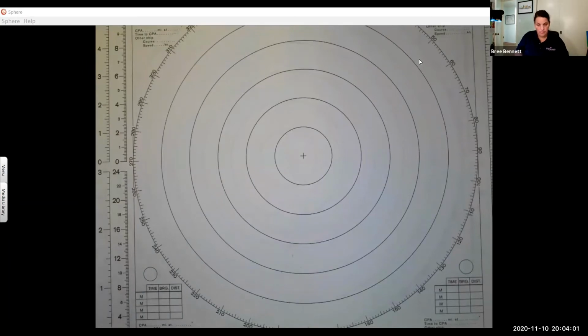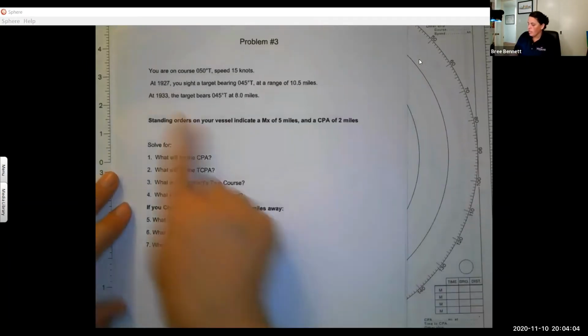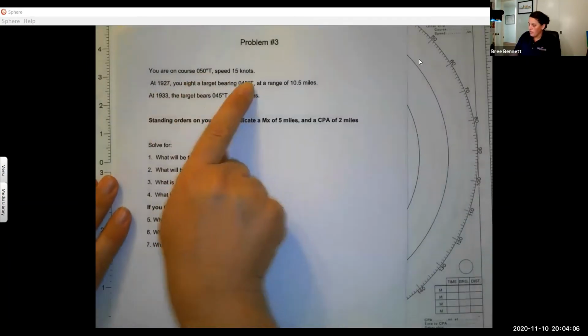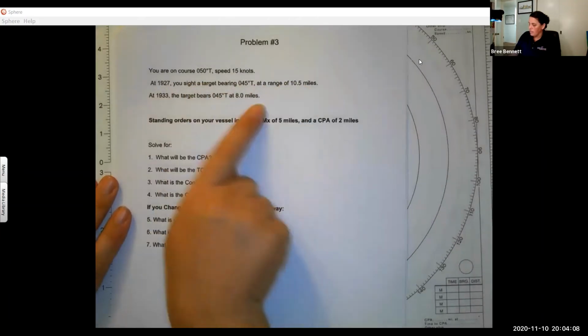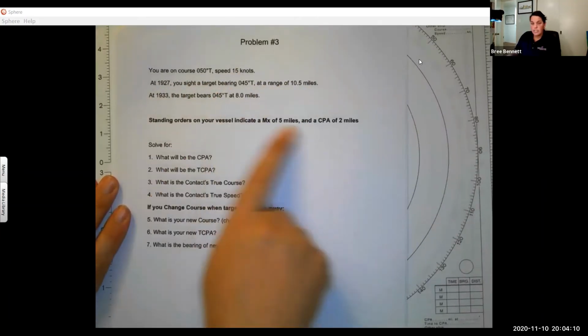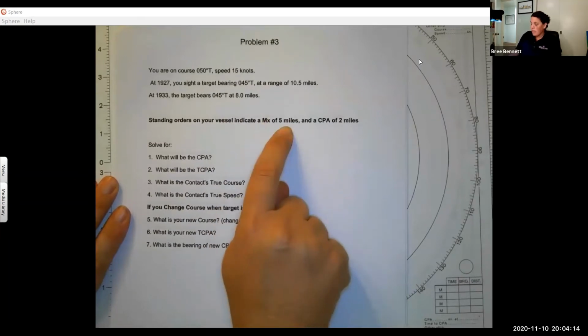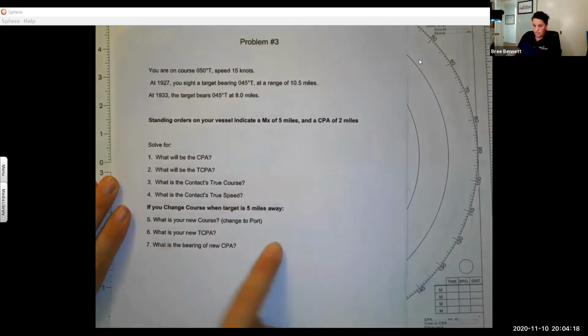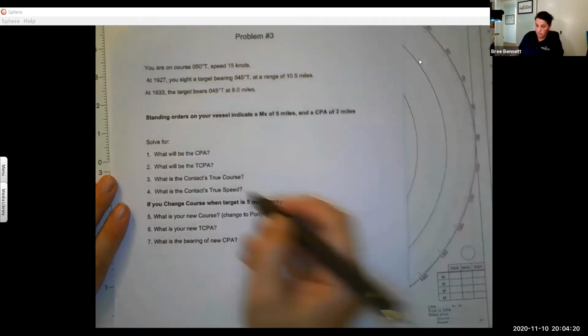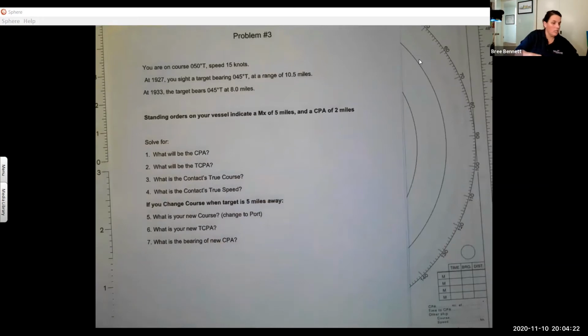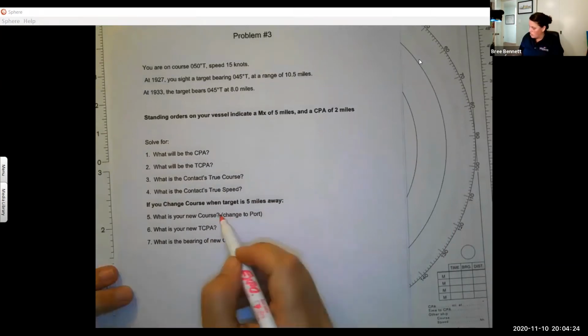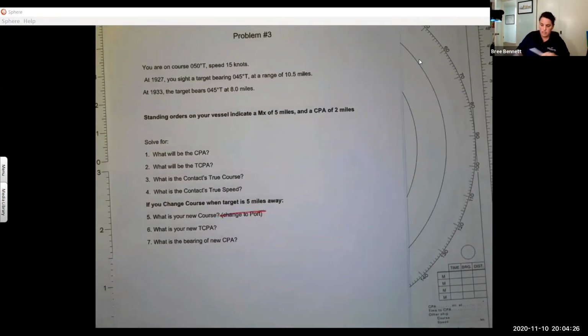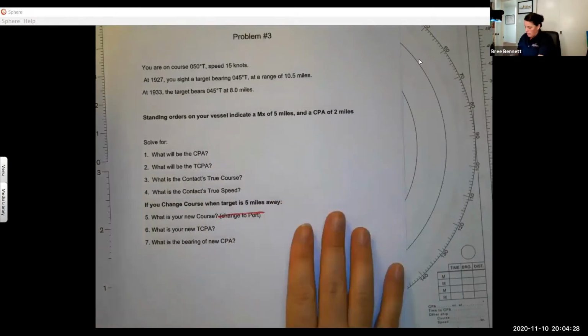So number 3, we have a course and a speed, and then we have range and bearing 6 minutes apart, and our standing orders is execution of 5 miles, CPA of 2 miles. Again, it says change course to port, and we are going to change that. Just delete that. Okay.